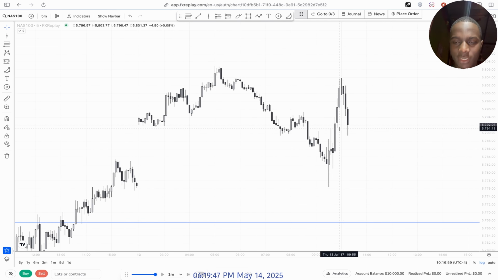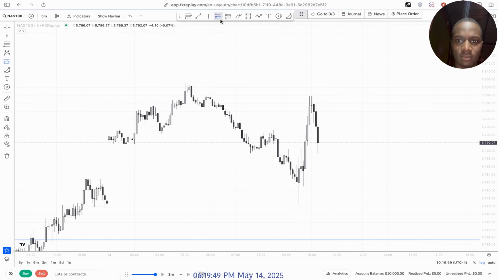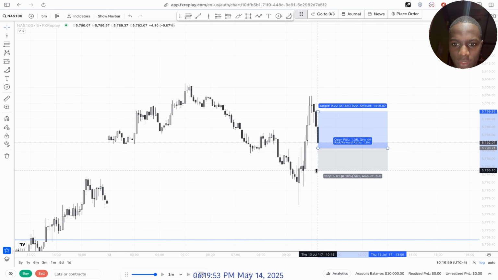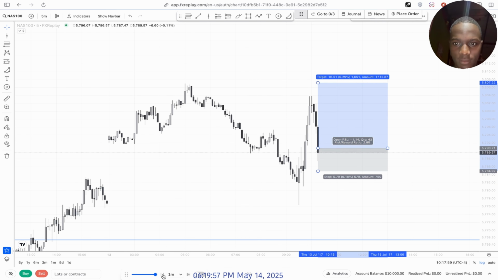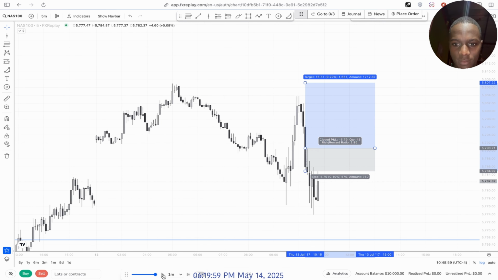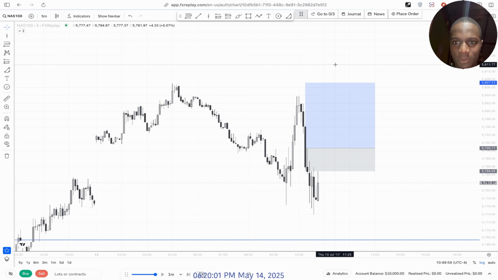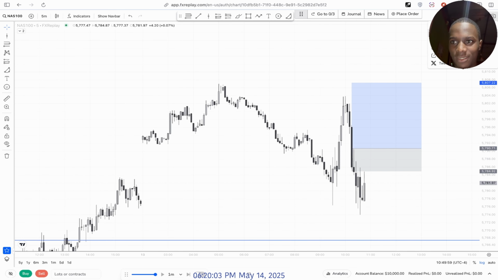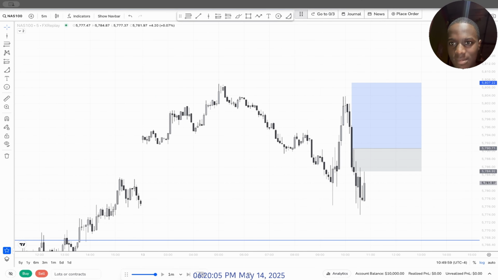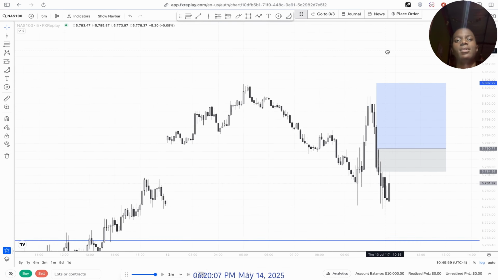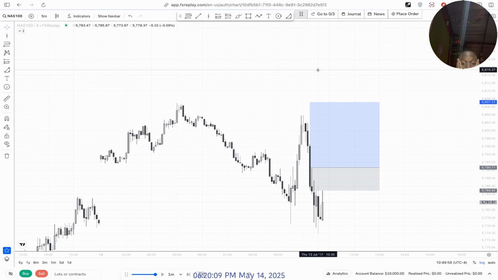Fair value gap retesting here. So we enter the retest exactly. Now we'll target here. Stopped out. Stopped out. Alright. Let's look for other entries there.